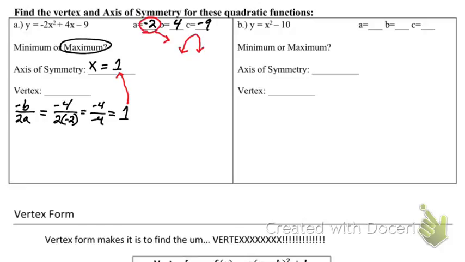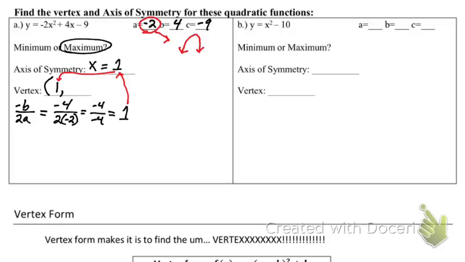Once I have my axis of symmetry, I have my x value of my vertex. So my vertex is also going to be 1 comma something. And that something, this y value here, is what happens when I plug this 1 in for this x.